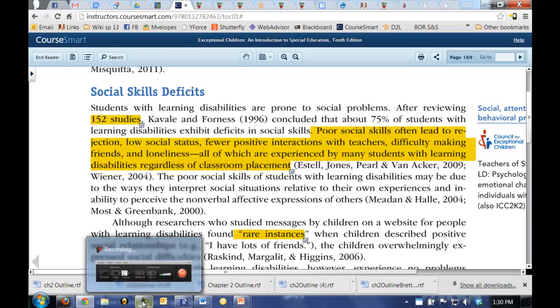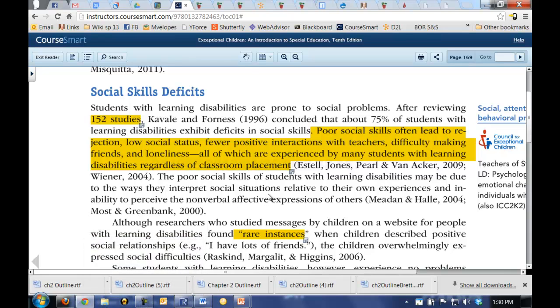And I'm telling you, folks, when I taught middle school, I lived this life with these kids, and they were all poster children for these types of things. First one, poor social skills lead to rejection, and that was a big one, especially in middle school, nothing worse. Low social status, fewer positive interactions with teachers and with their peers, and then difficulty making friends and loneliness.